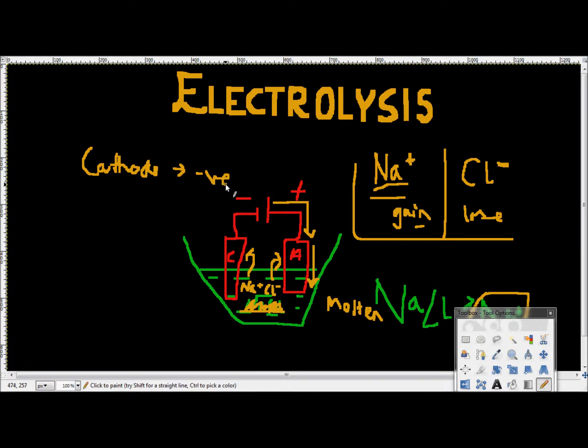It's slightly confusing because the words cation and cathode are usually associated with positive. Cation is of course positive, so these two form a pair, and vice versa for the anode.